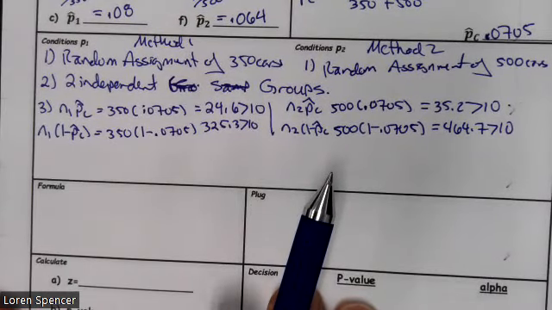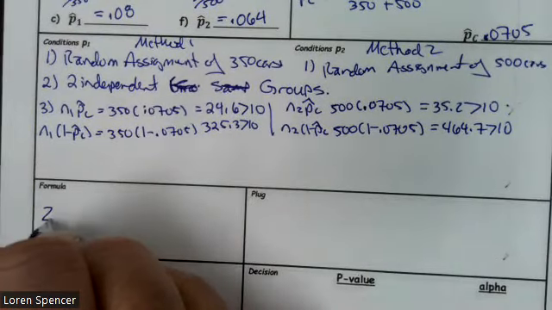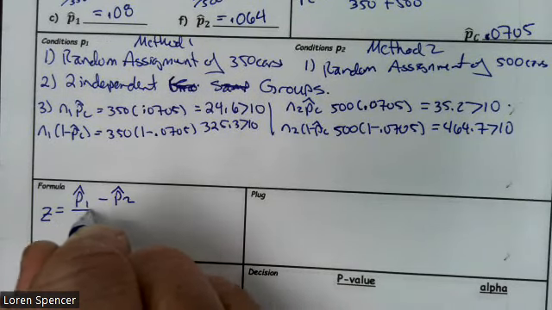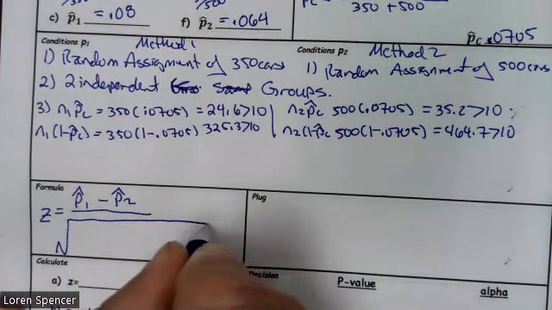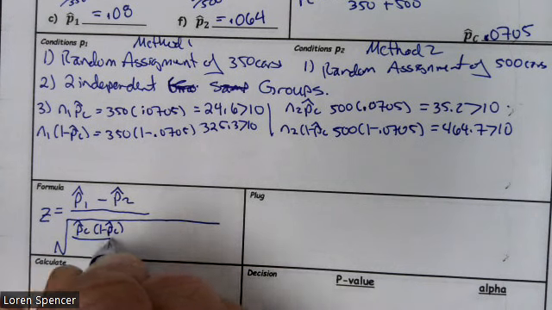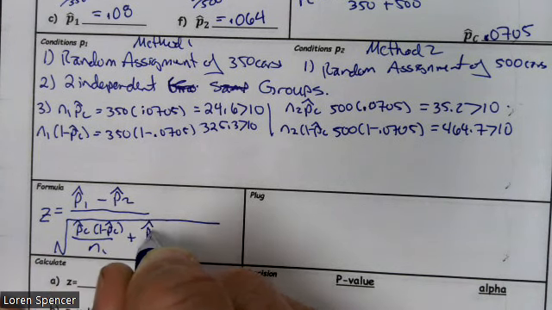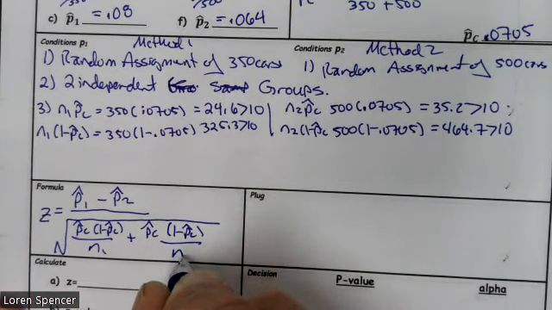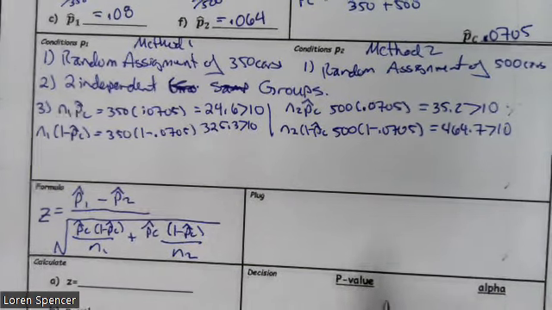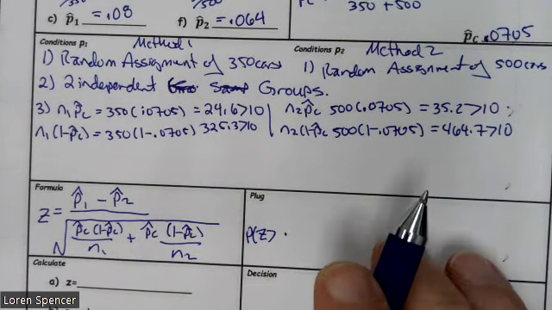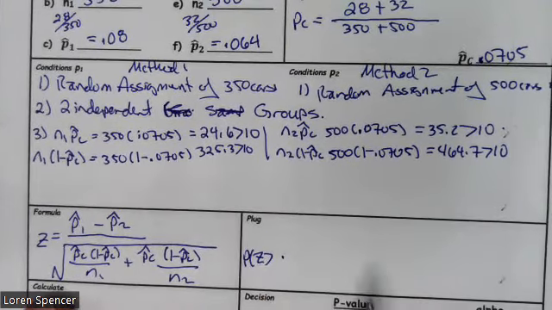And then we get to our formula. Our formula is Z equals P hat 1 minus P hat 2 over the square root of P hat C times 1 minus P hat C over N1 plus P hat C times 1 minus P hat C over N2. So we're looking for the probability that Z is greater than, well, we said P hat 1 is 0.08.